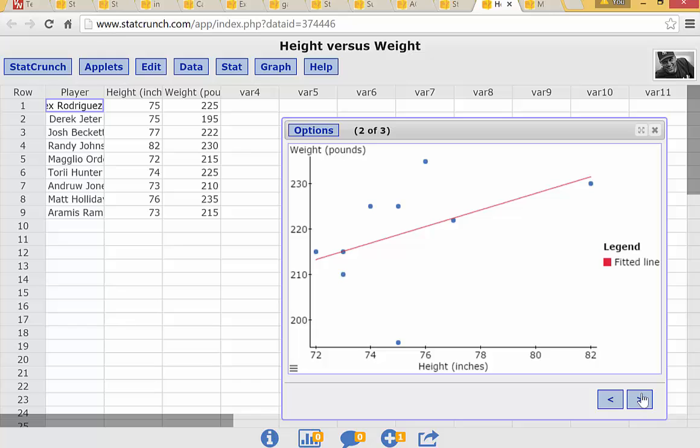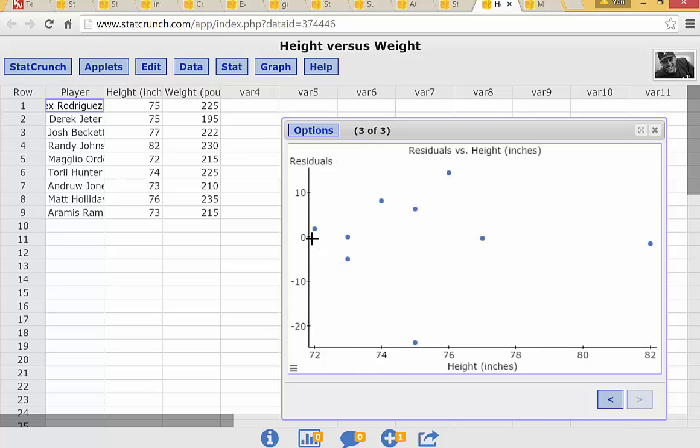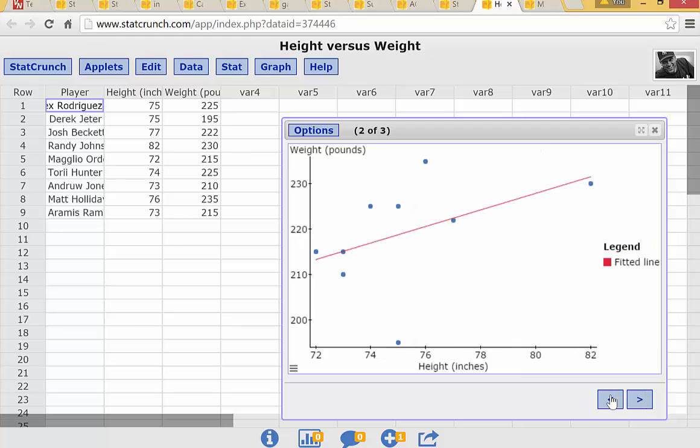And here, if we look at this line, there's not very many data values here, but we do appear to have a linear trend. And we do appear to have a random distribution of residuals above and below the line y equals 0, although there are not very many data values here.